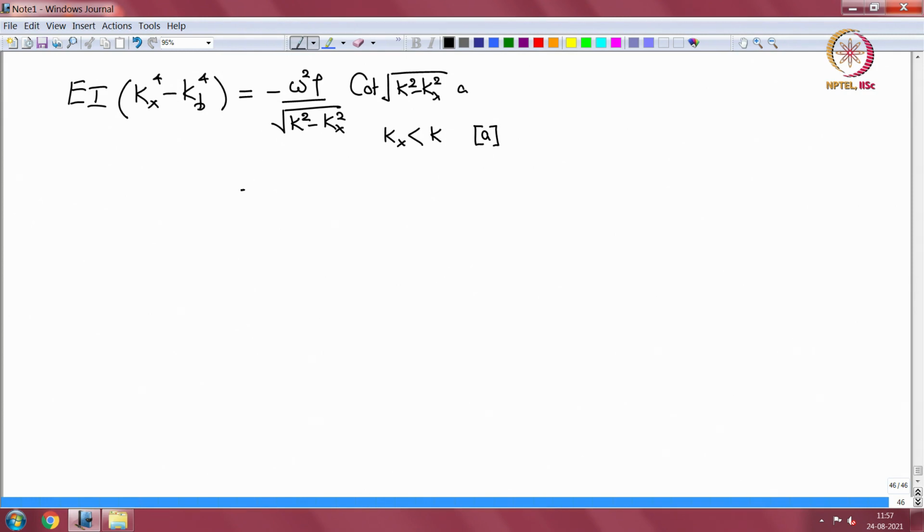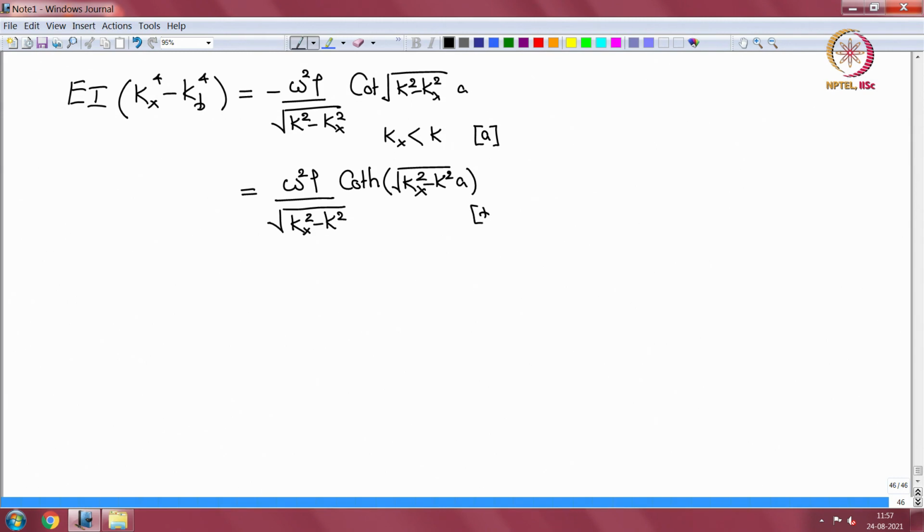Which is also now equal to omega square rho by square root of kx square minus k square. Please note the switch, and this is cot hyperbolic of square root of kx square minus k square into a.